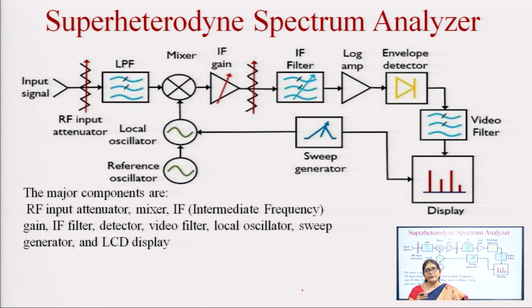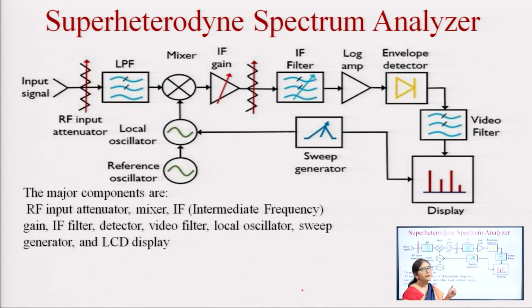For this purpose we are using the RF input attenuator, and in this spectrum analyzer we are also using the Y scale in the form of a logarithmic scale, because the amplitude variation is very high. So, the input signal is passed through the RF input attenuator, and it gets attenuated if required.